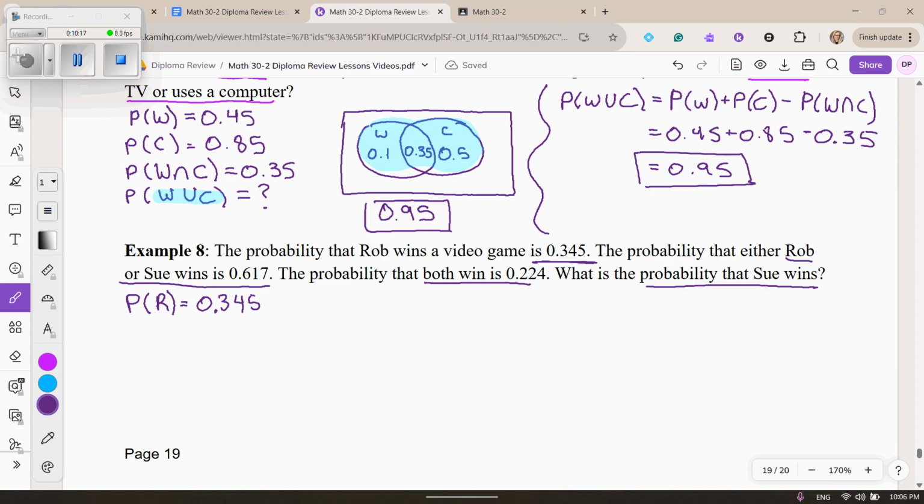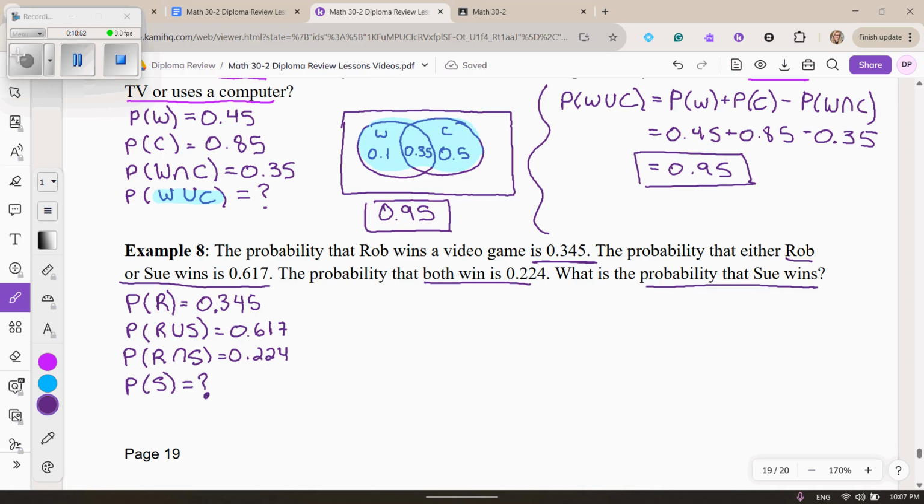The next one says the probability that Rob or Sue wins is 0.617. Next, the probability that they both win, Rob intersect Sue, is 0.224. What is the probability that Sue wins?